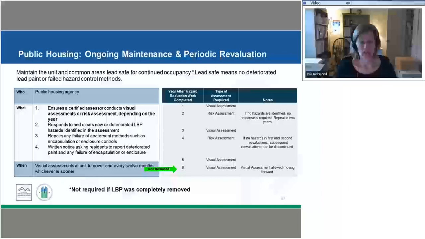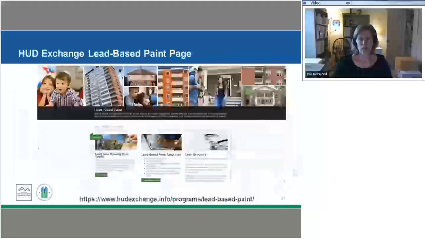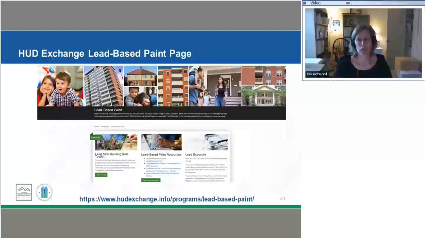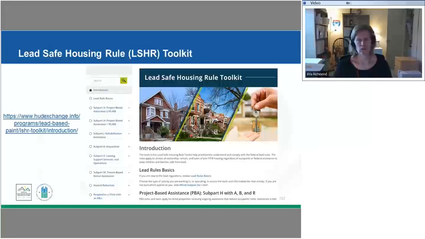I also just wanted to show you again our resources that start on page 101, and we can go over these again after the questions. We had our landing page for the resources, the toolkit. The toolkit was updated to include Subpart L. You don't see it in the screenshot, but it's really there. It was finished at the end of October, so we're really excited about having that available to you for Subpart L as well.